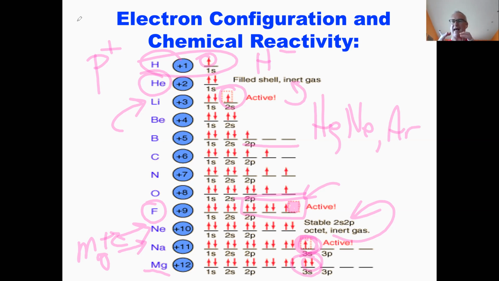They all want to have a full outer shell. And there's just different ways to get to it, either by sharing electrons so they fill it, giving electrons away so that they dump the electrons in their outermost shell, and now the second one in is filled, or they steal electrons from somebody else and fill it. In all these situations, they all want to get to a full shell of electrons.